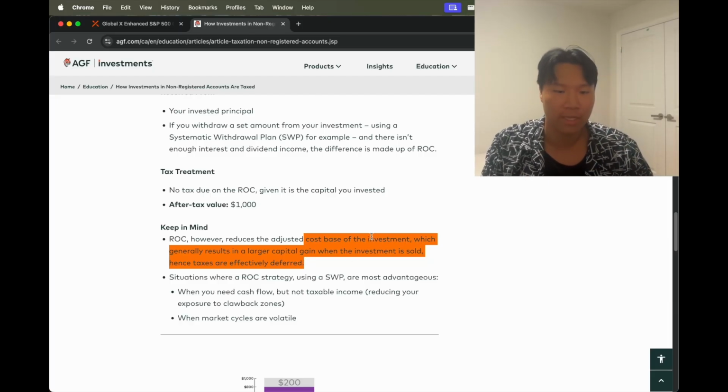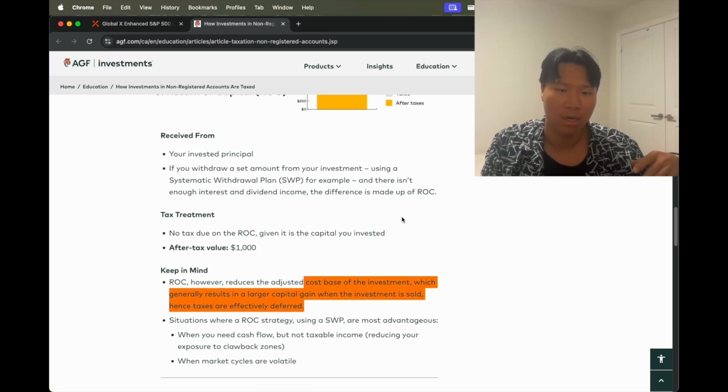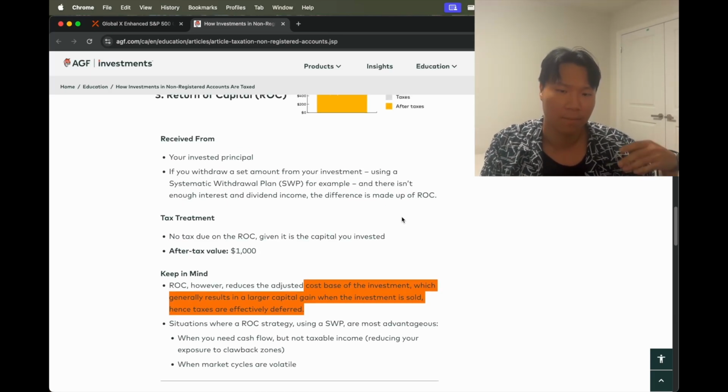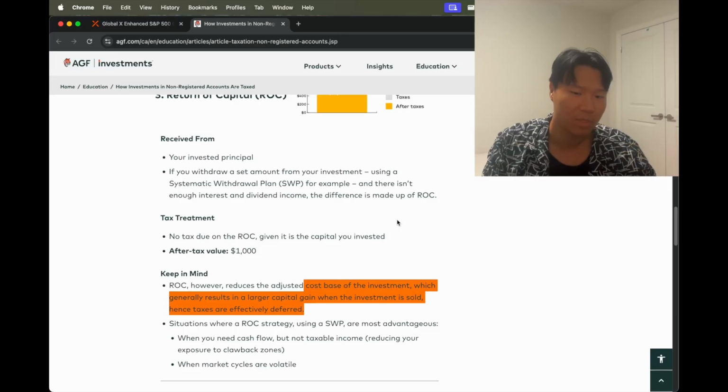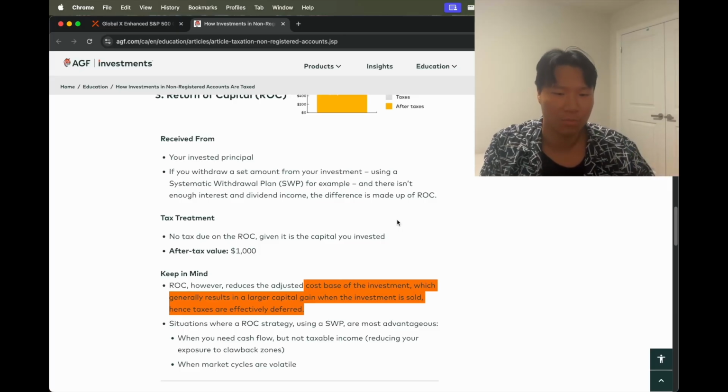When you pay tax when you sell, you need to pay capital gains, which is basically tax on the appreciation of your asset. But capital gains are pretty efficient. We'll go over it in the next one, but basically only half of the income is taxed, and so it's pretty efficient there.